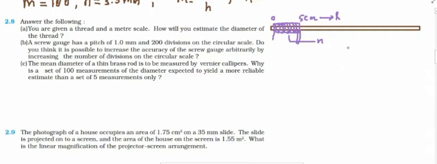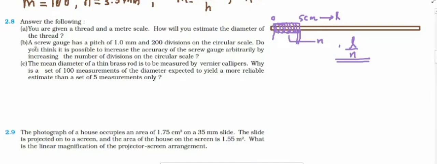You can calculate the thickness of each winding by taking L by N, total length divided by number of windings. And the thickness of the winding is the diameter of the thread. So by taking L by N, the diameter of the thread can be calculated.